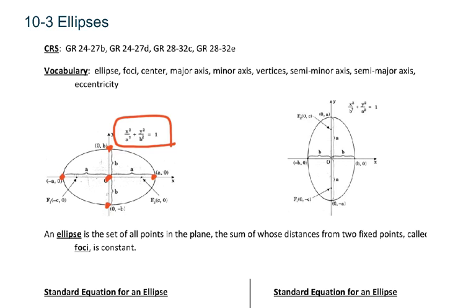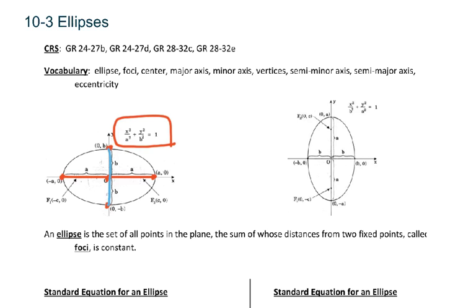So if you draw a line vertical through the center and horizontal through the center, one of them is longer than the other. The longer one is called the major axis, and the major axis is going to be 2a units long. The shorter one is going to be 2b, where b is gotten by taking the square root of b squared.